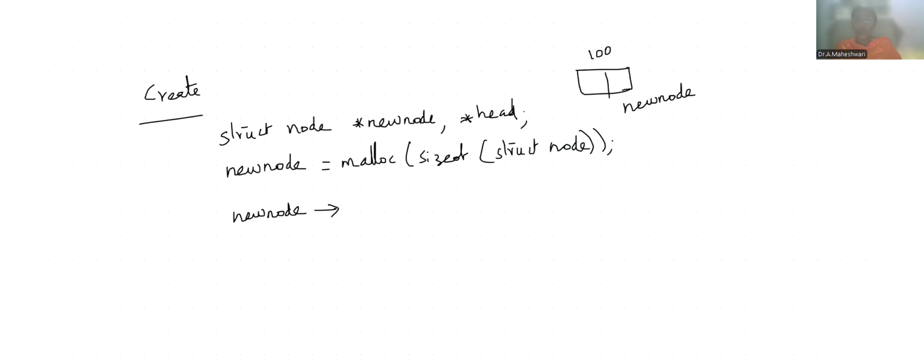I can give it a number. So 5 will be allotted here. The next field is new node arrow next. This is the only node I'm going to maintain, right? So I can give it a null value for the next field. So this is null.